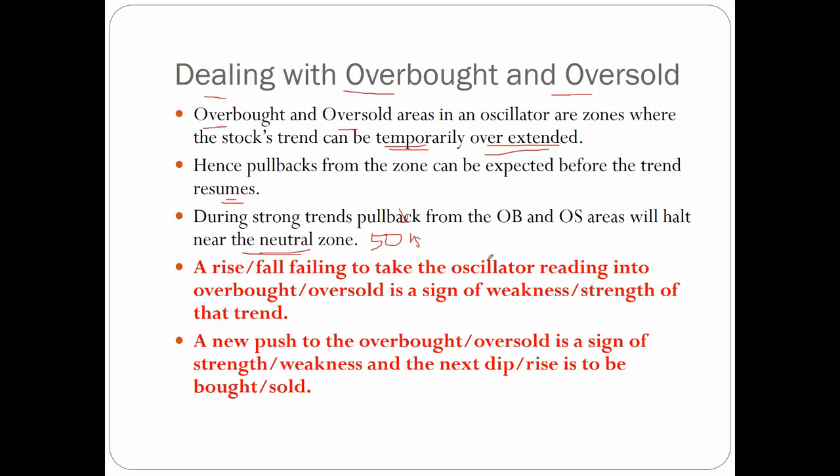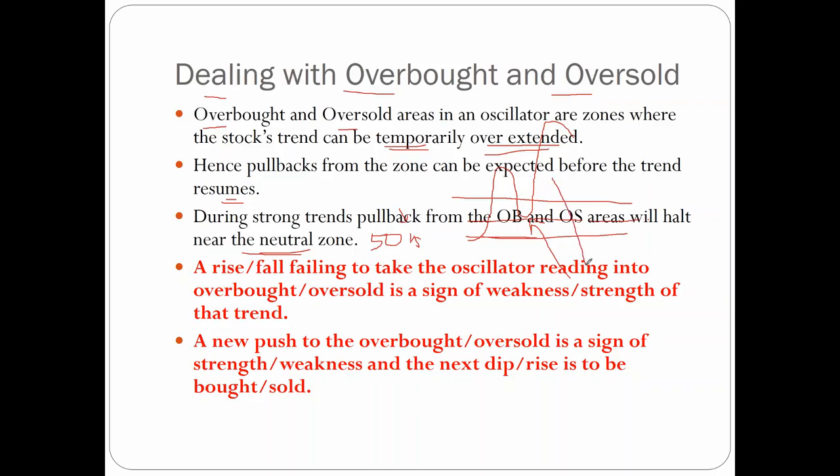So whenever the RSI is above 70, that is, it is overbought, it generally comes back and halts at 50. That is the neutral area, and the trend resumes on the upside. So give respect to the 50 area.